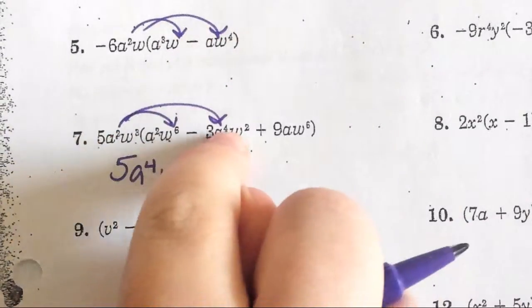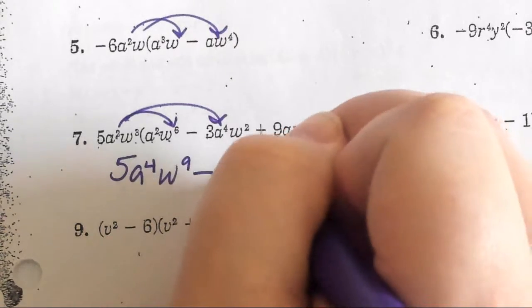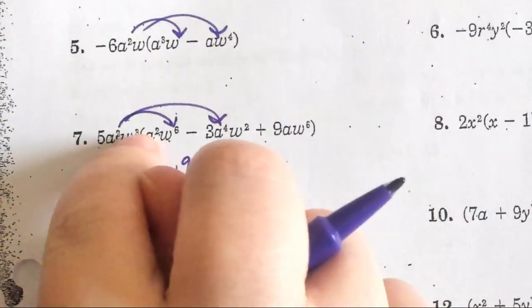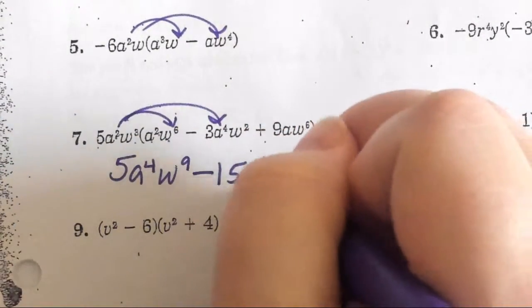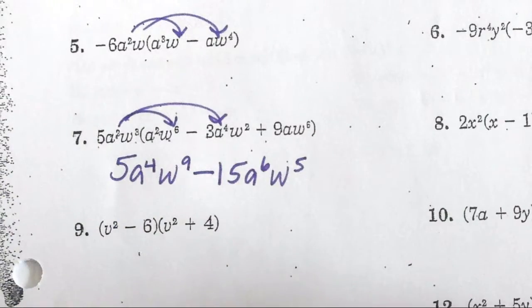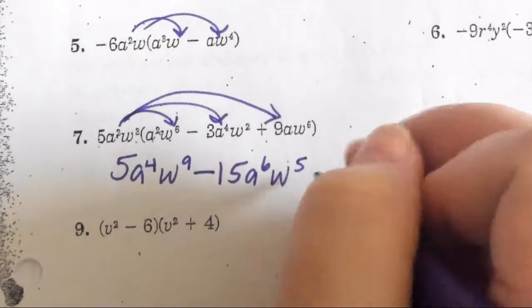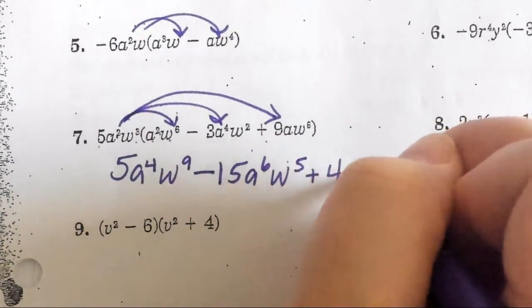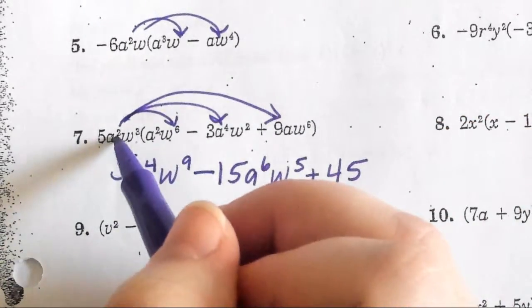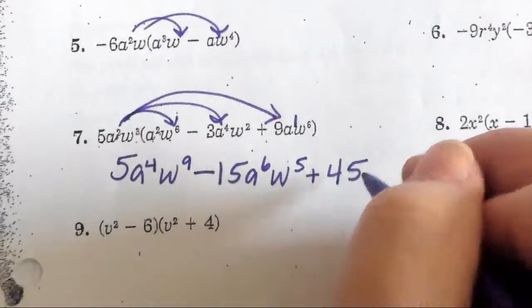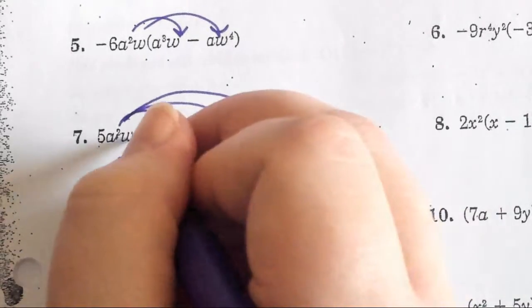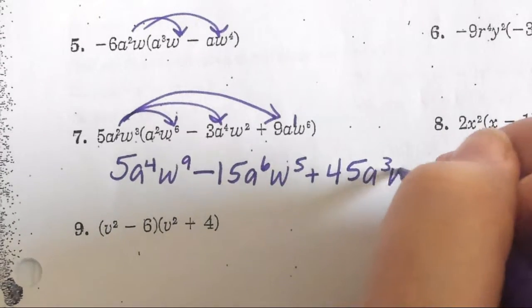A to the 2, a to the 4, 2 plus 4 is 6. W to the 3, w to the 2, 3 plus 2 is 5. And then last but not least, 5 times 9 is 45. A2, A1, 2 plus 1 is 3. W3, W6, 3 plus 6 is 9.